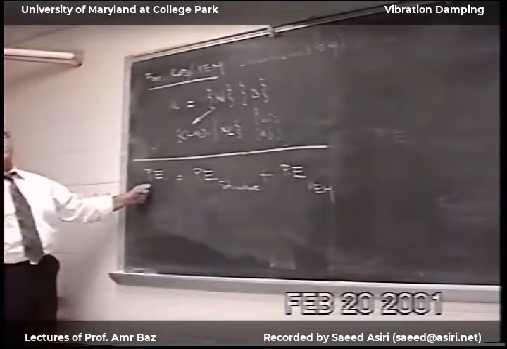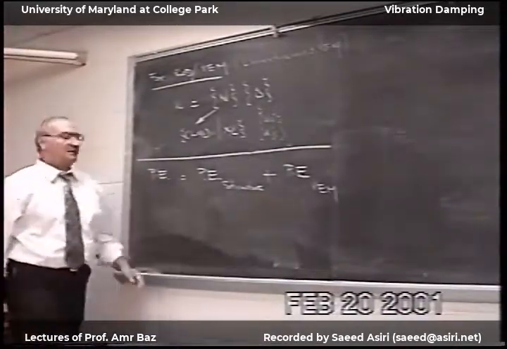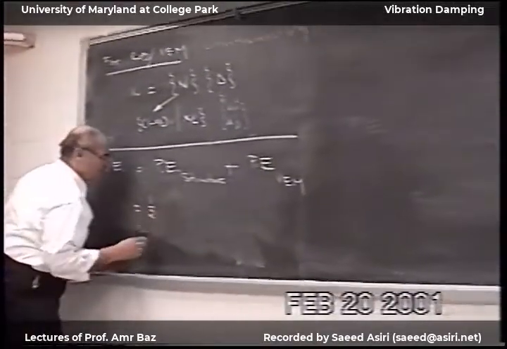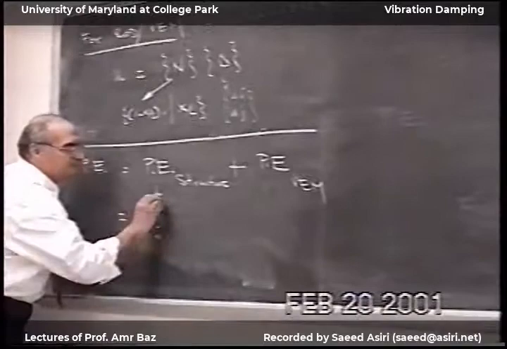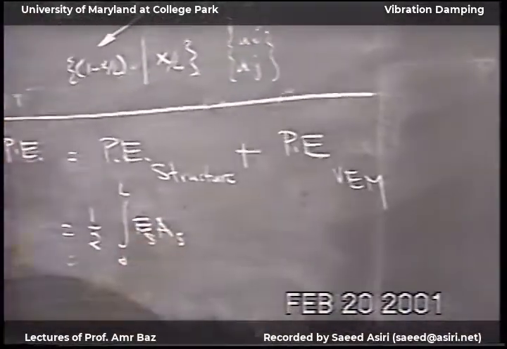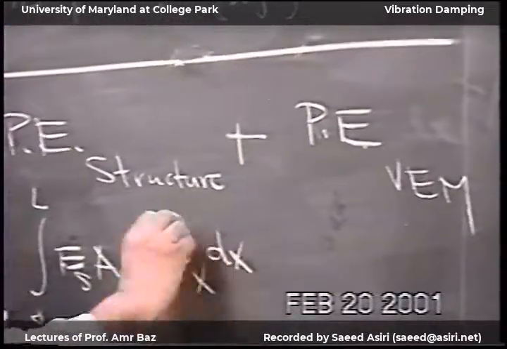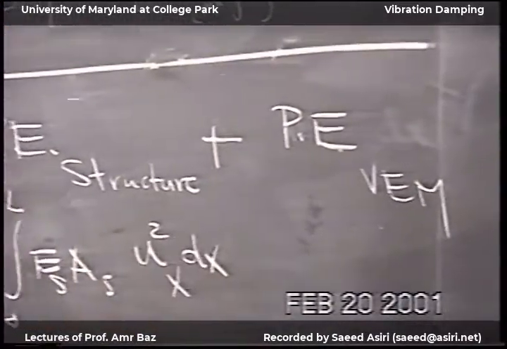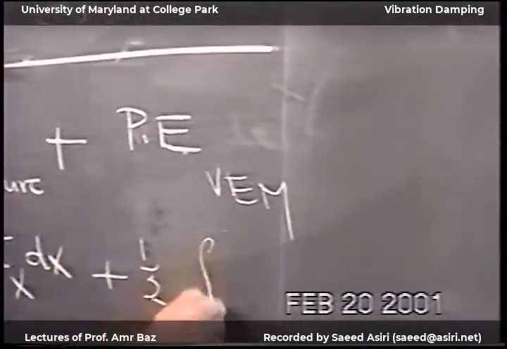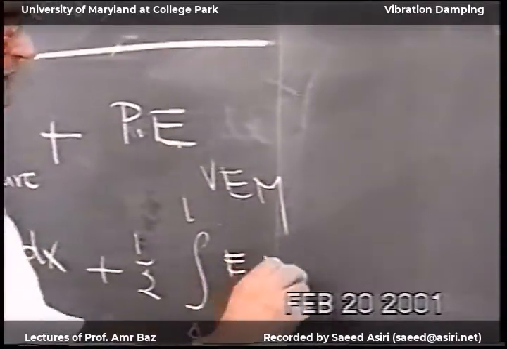Okay, so now our potential energy is potential energy of the structure plus potential energy of the viscoelastic material. So this will equal 1/2 integral E_s A_s, this is structure, and then (dU(x)/dx) squared, plus 1/2 integral E_viscoelastic A_viscoelastic.